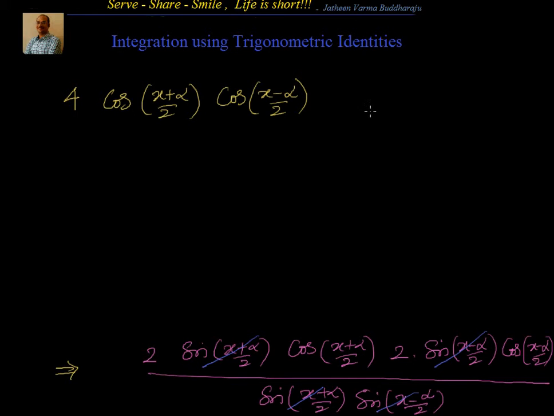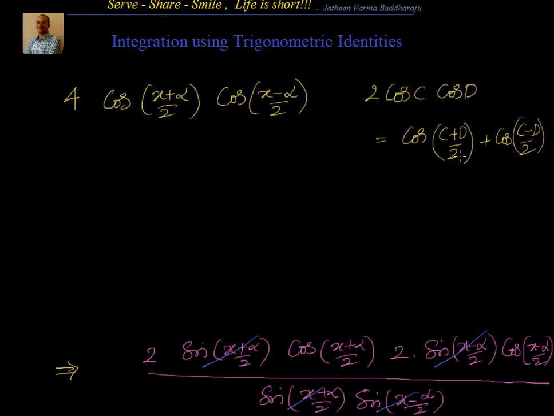If you try to transform this multiplication again into a sum or difference, we have that 2 cos c cos d is equal to cos of c plus d by 2 plus cos of c minus d by 2, or can we say cos c plus cos d equals 2 cos c plus d by 2 cos c minus d by 2.